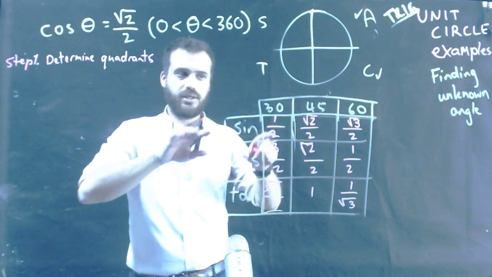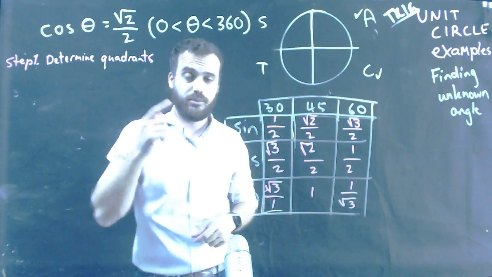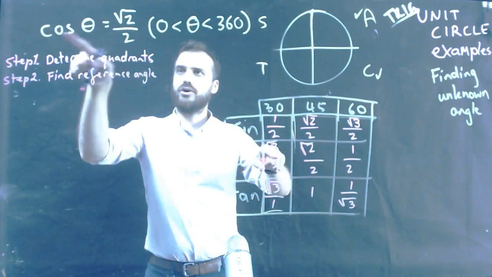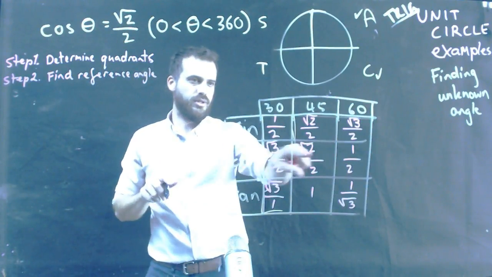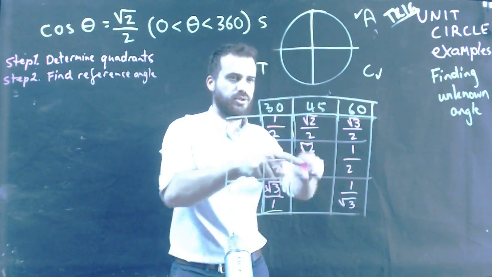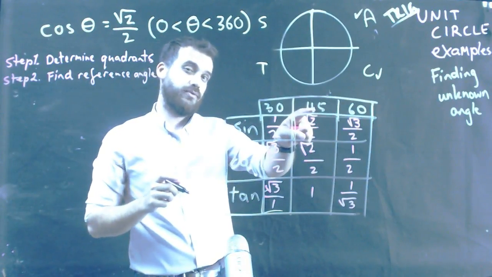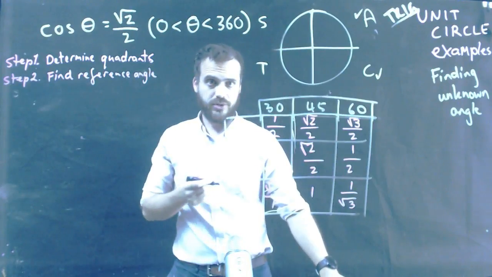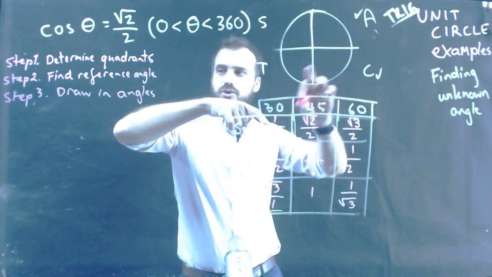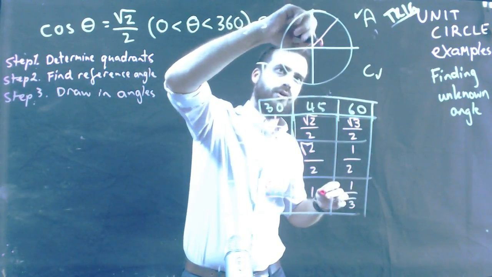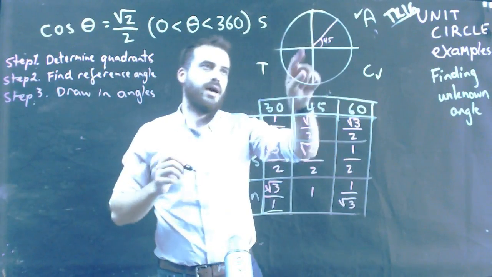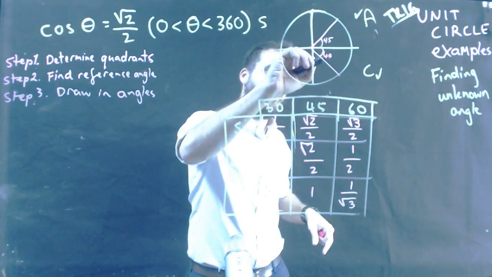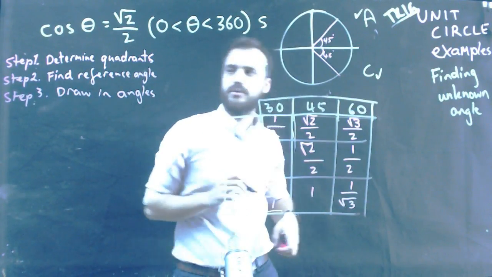Now, if I look here, I can calculate what my reference angle is going to be. The reference angle for cosine root 2 on 2 is 45 degrees. Step 3, I'm going to draw those in. So, in the first quadrant, a 45 degree angle, and in the fourth quadrant, a 45 degree angle.